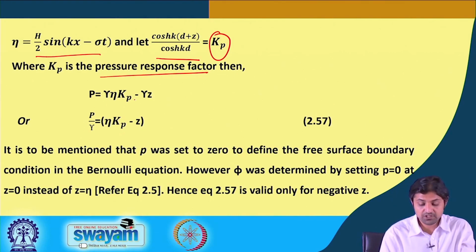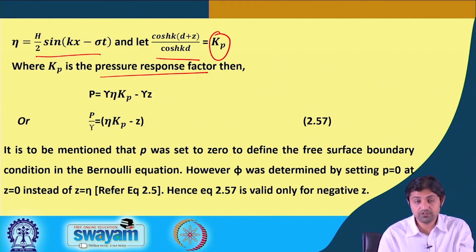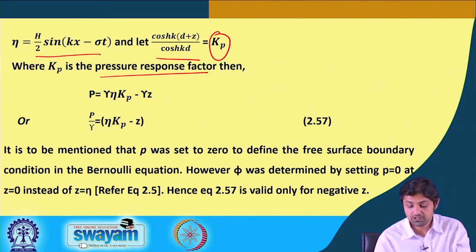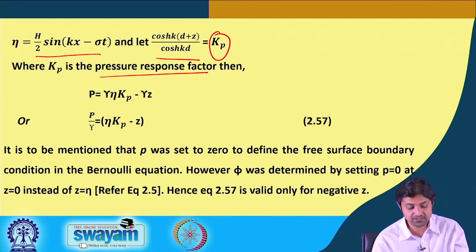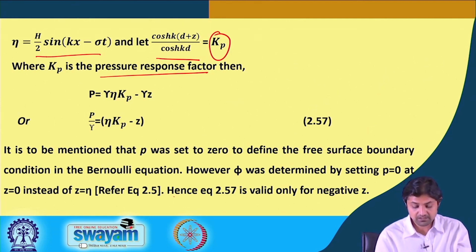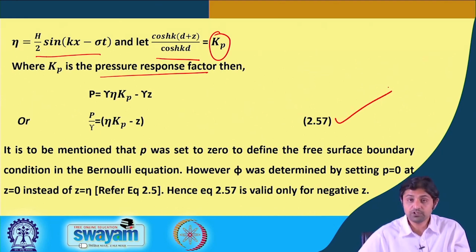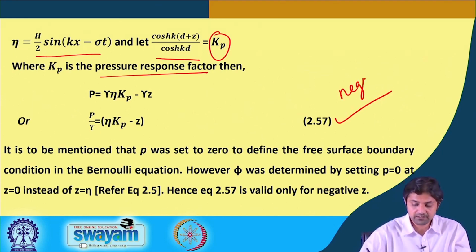Now, it is to be mentioned that p was set to 0 to define the free surface boundary condition in Bernoulli's equation, if you remember. However, phi was determined by setting p equal to 0 at z equal to 0 instead of z equal to eta. Hence, this equation is valid only for negative z.